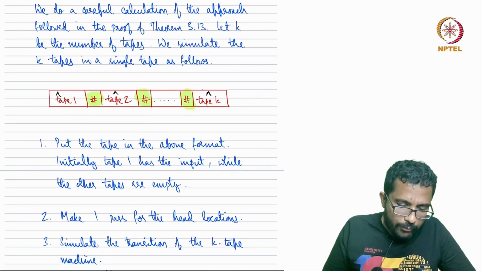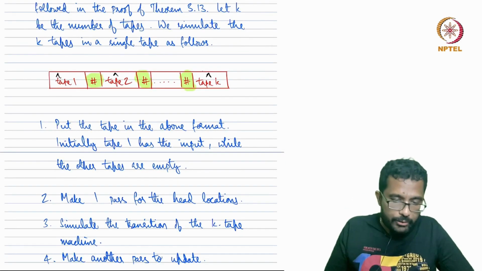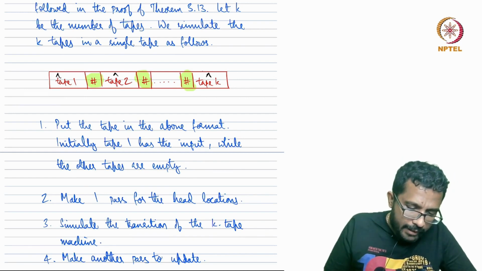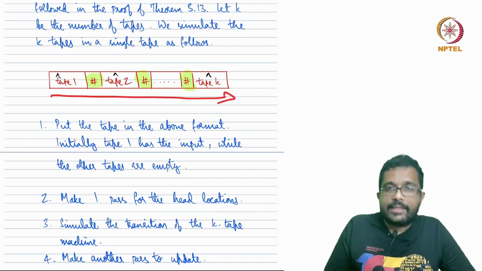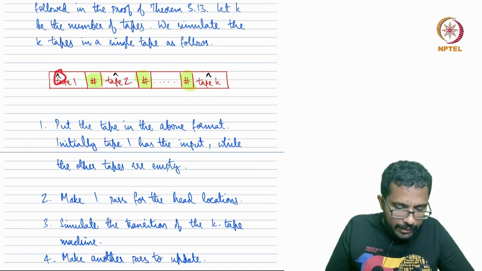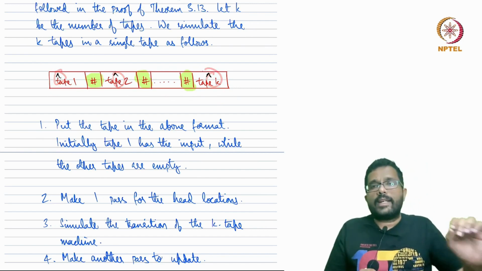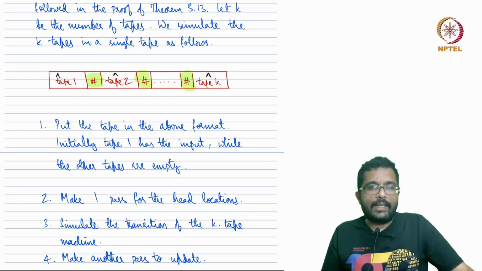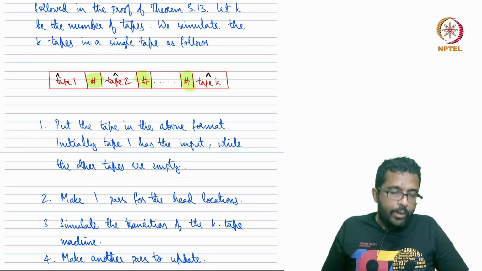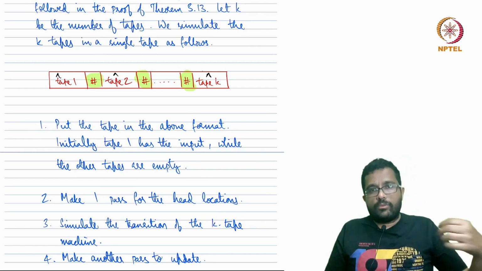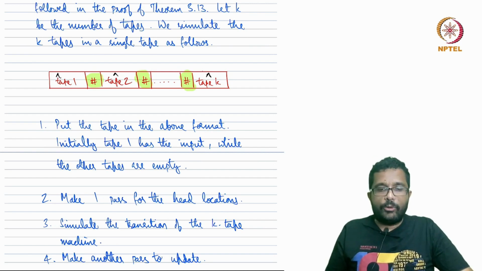So what the single tape simulation does is scan the tape from left to right, and when it scans, it remembers where the head positions are. So it will try to see where the k head positions are. Once it knows the k head positions, it knows what is the next step that the multi-tape Turing machine has to take.